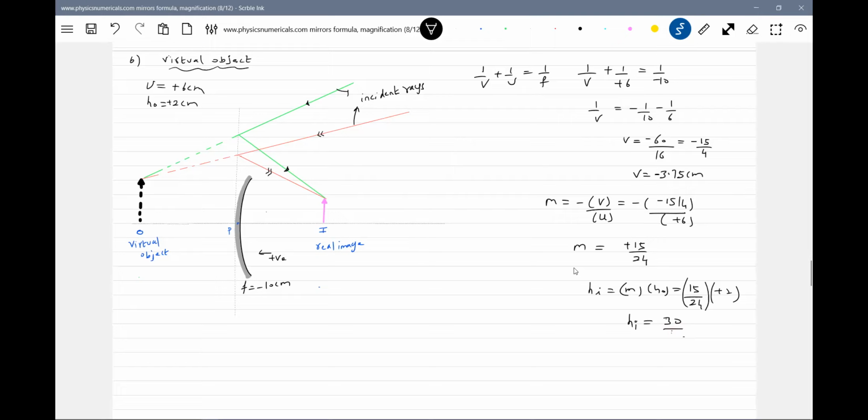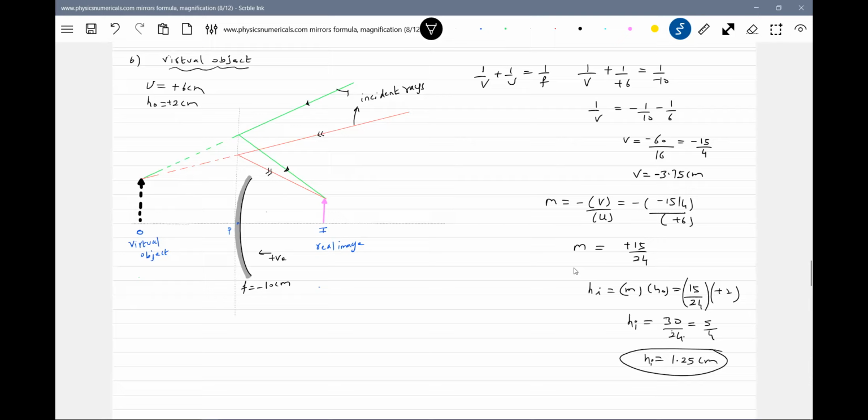Oh, sorry, this will be 30 by 24, no? Yes, this will be the height of the image. So this will be less than 2 centimeters. 30 by 24, can I simplify this one? 6 by 3 by 2, 6 5s are 5 by 4. So look at the height of the image, less than 2 centimeters. It will be diminished here.